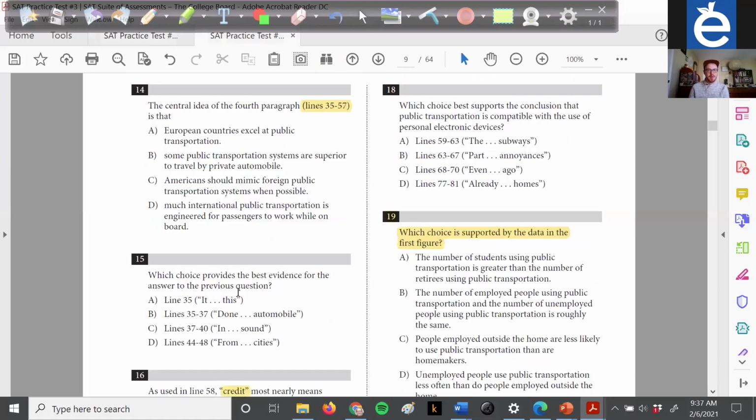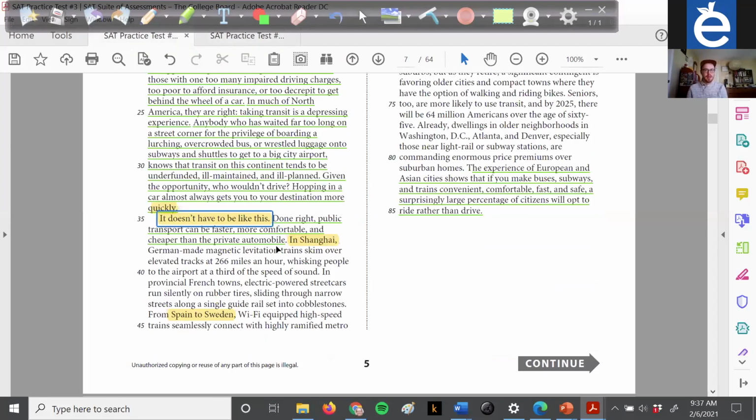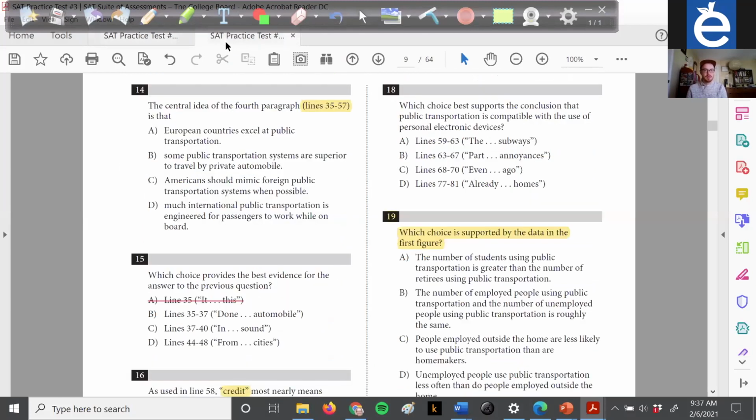"It doesn't have to be like this" doesn't give the clearest answer. It's much more clear in the following sentence. "Done right, public transport can be faster, more comfortable, and cheaper than the private automobile." So that definitely gives us the point of the main passage.